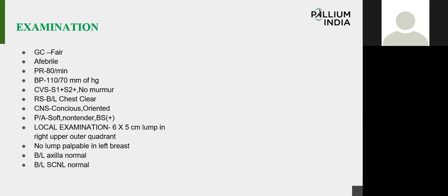On local examination, there was a 6 by 5 centimeter lump in the right upper quadrant of the right breast. No lump was palpable in the left breast, but on the right side there is a palpable lump. Bilateral axilla is normal. Next slide.